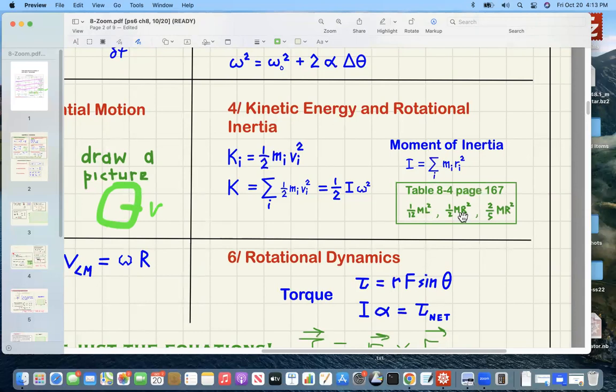Or for a cylinder with an axle, or a disc with an axle through the center perpendicular to the disc, the moment of inertia is 1/2 m r squared, where r is the radius of the disc. Or for a sphere, the moment of inertia is 2 divided by 5 m r squared. To calculate these moments of inertia requires calculus. We don't use calculus in this course, but we will use these formulas for different kinds of shapes. And so for the homework, you're going to need some of these moments of inertia, which are in table 8.4.